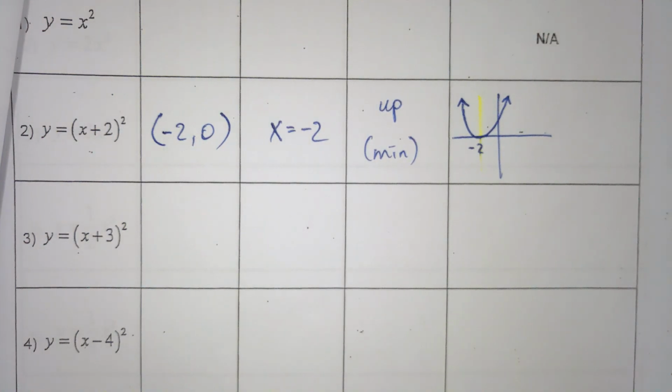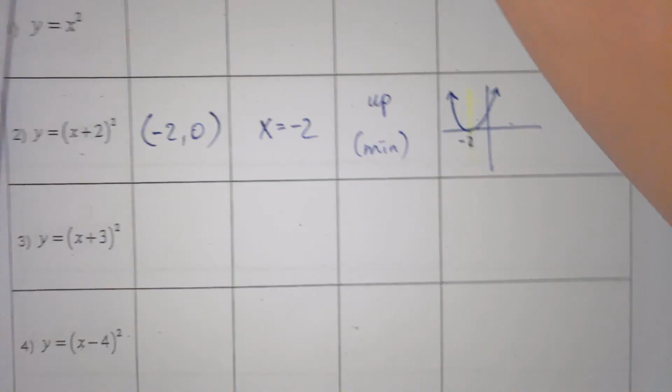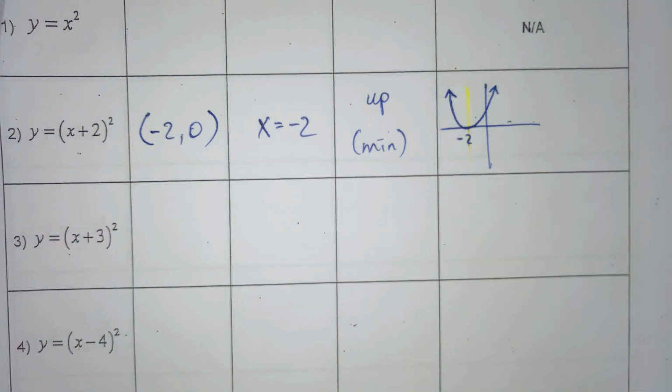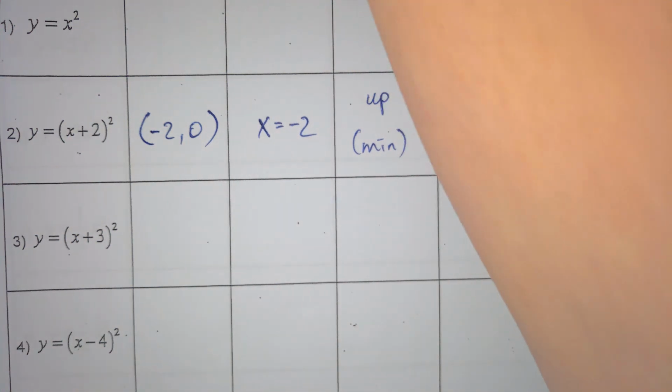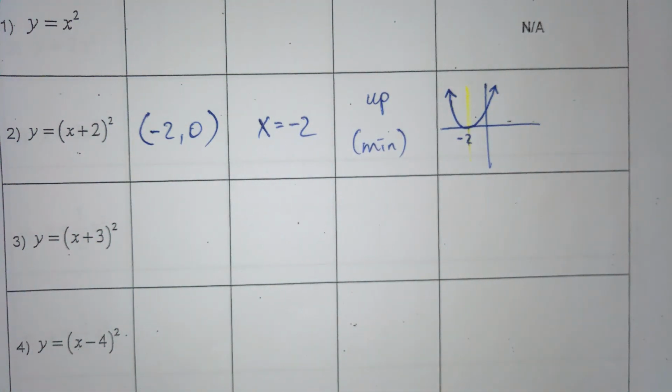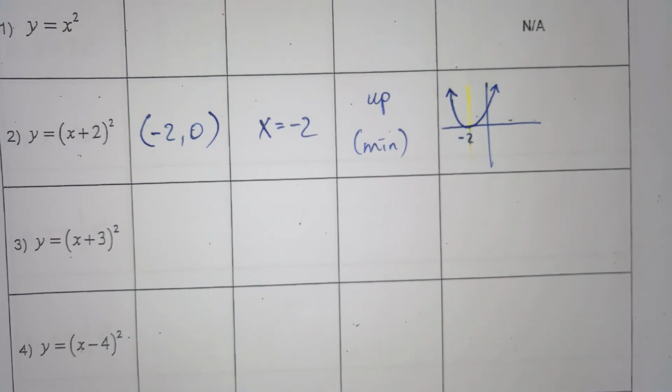What do you think this one is then? X minus 4. So which way does it go? The other side.